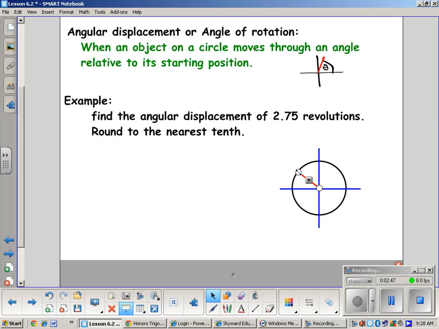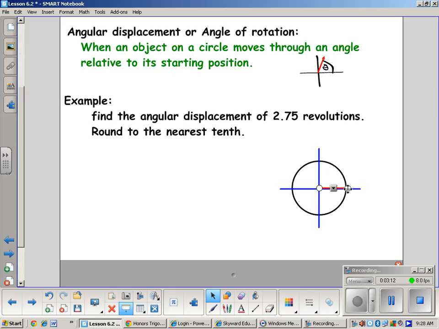How far I go matters, but where I start doesn't matter. But you're right. We want to get in the habit of always thinking standard position, unless we're told otherwise. Standard position, so the initial side is on the positive x-axis, and the terminal side would be wherever else.